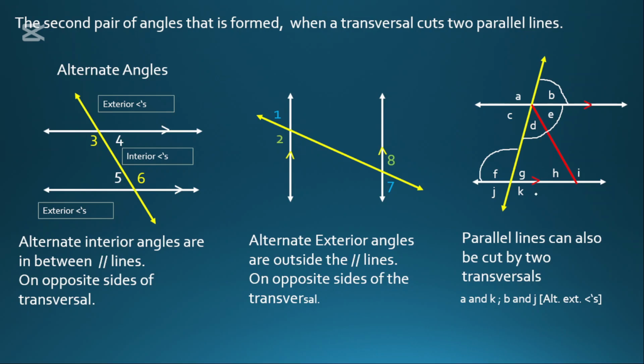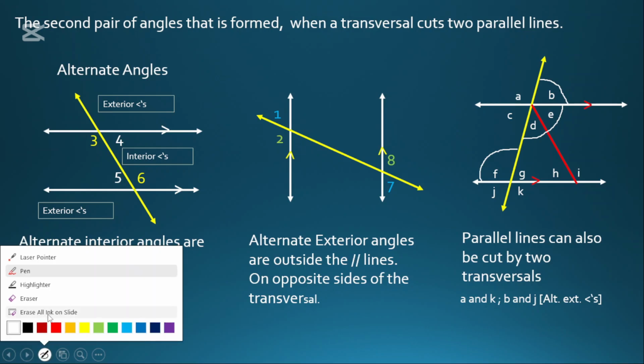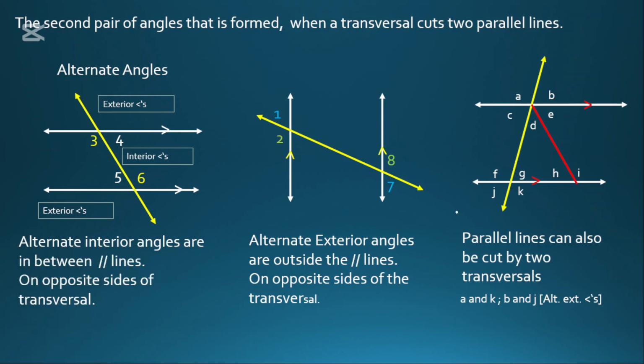So always be careful when one of the angles is divided into two or more angles. As long as you remember from the parallel line to the transversal, parallel line to the same transversal. We take the next lot. Let me just clean that part quickly. Right.